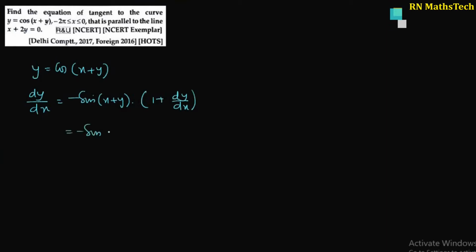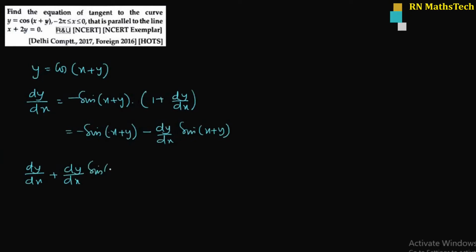That is −sin(x + y) − (dy/dx) sin(x + y), or dy/dx + (dy/dx) sin(x + y) = −sin(x + y).